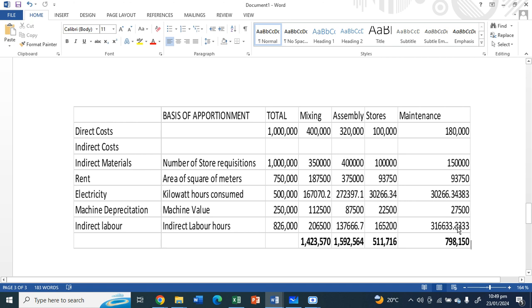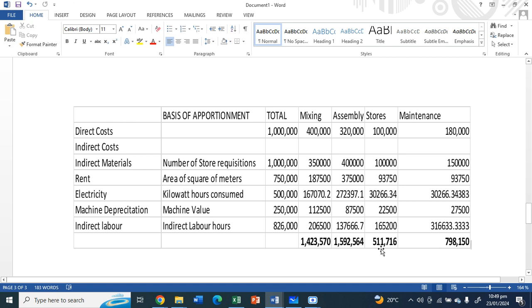Once you have apportioned all of these, the next thing you do is you get the total. You add up mixing department, you add up all of these, you get 1,423,517. Assembly, you get 1,592,564.